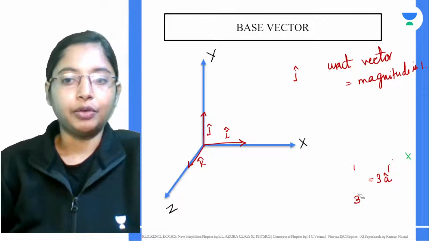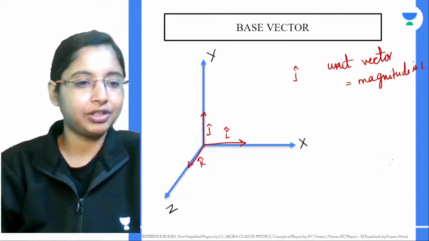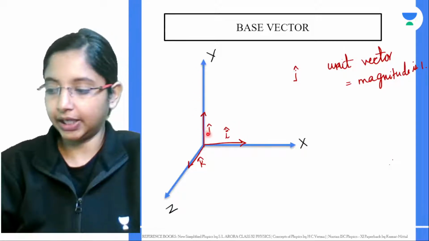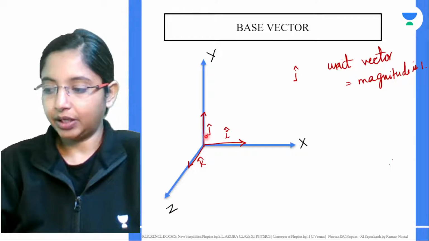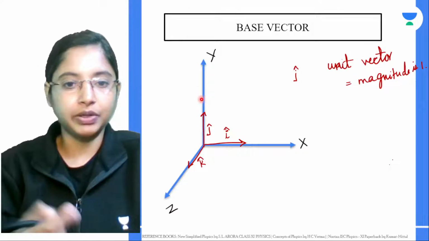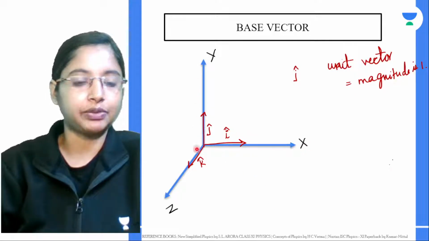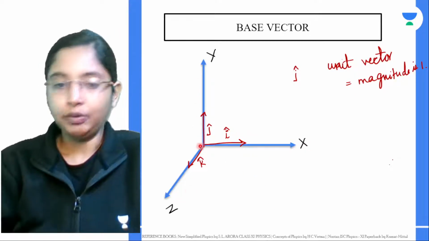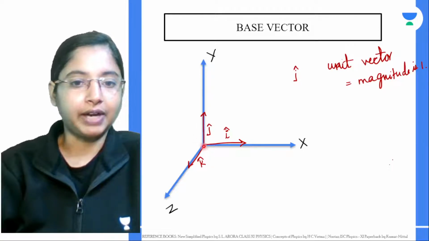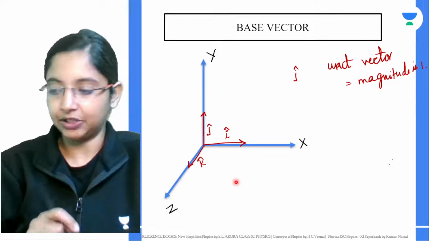Whenever you see a unit vector along your x-axis, conventionally we take it as i. Y-axis unit direction, again we take it as j. And z-axis we say k. In all these 3 cases, it's in the positive direction, right? We have taken the positive x, y and z-axis. Now, if you see these 3 mutually perpendicular axes, these 3 vectors are mutually perpendicular to each other.